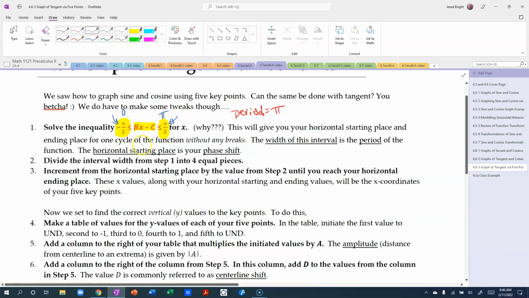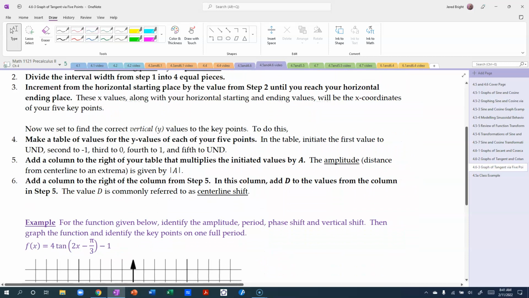So set the inequality up, solve for x, determine the interval width, that period, divide it into 4 pieces, and then increment from the starting value that we'd have in the left of our inequality up to the right endpoint of our interval, increasing by the interval width we got from number 2, and then we set a table of values.